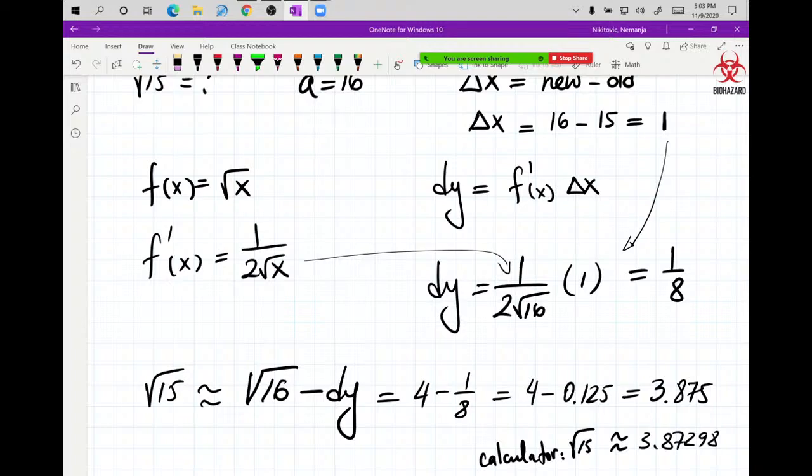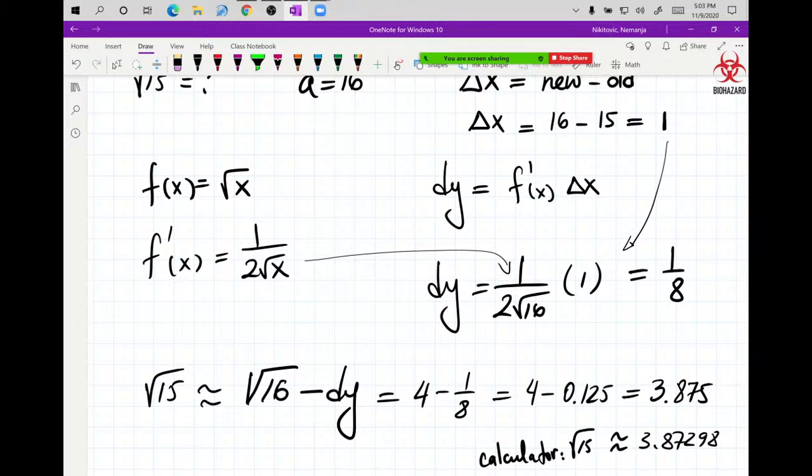So let's take a look at the problem in the book using differentials. Now, ln of 1 minus x.